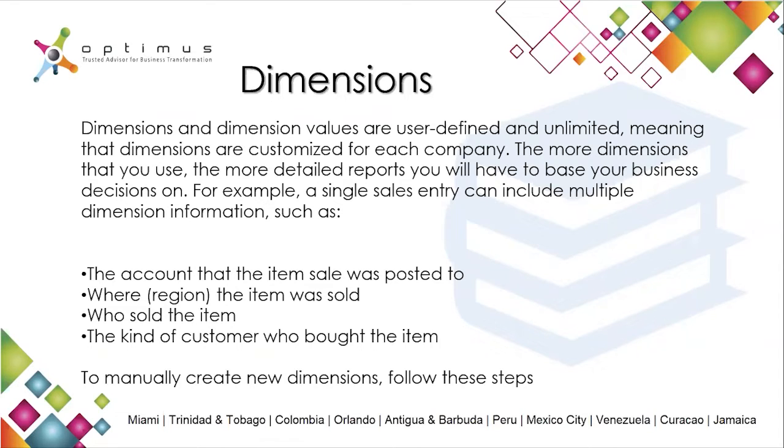For example, how do we use them and what are they? The first example is the account that the item sale was posted to. That's the GL account. That is per se a dimension of how we structure financial information by the number of the GL account. But sometimes that is not the only way we could organize it.